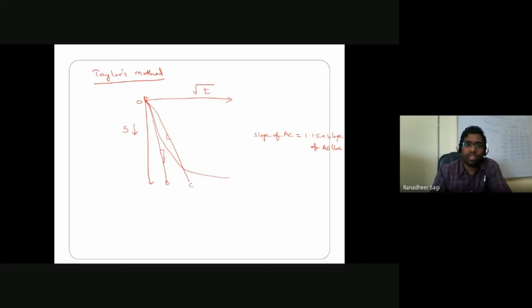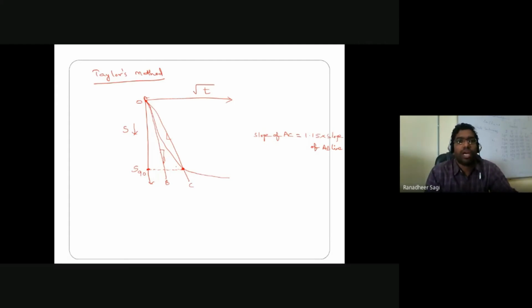So whenever you draw another line AC with a slope equal to 1.15 times that of the AB line, then it is understood, based on the experimental studies carried out by Taylor, that the point where your AC line intersects your settlement versus under root time curve, if we extend it, corresponds to a settlement of what is called 90% degree of consolidation.